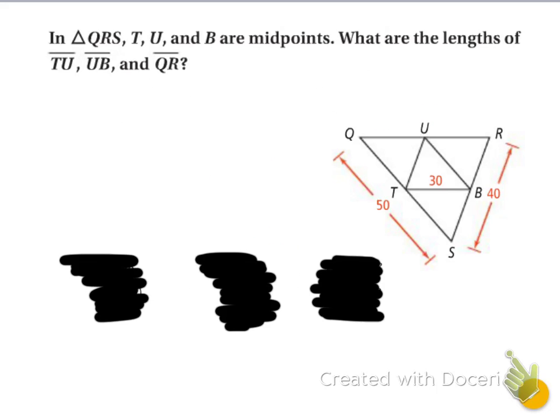Okay, in triangle QRS, T, U, and B are midpoints. So this is congruent to this. These are congruent, and these are congruent. What are the lengths of TU, UB, and QR, the big one out here?